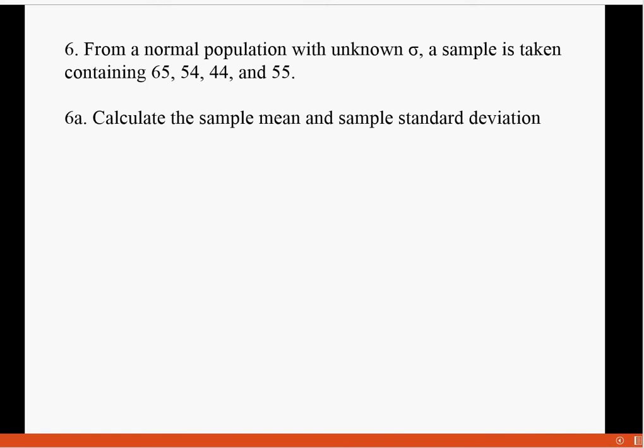So let's do it. 6a, calculate the sample mean and the sample standard deviation. So far, we have done a lot of calculations about the sample mean and the sample standard deviation, and I give you the answer here. I want you to go home and verify these values. Okay.